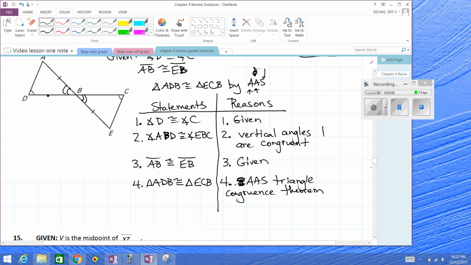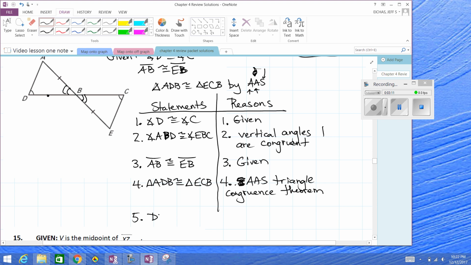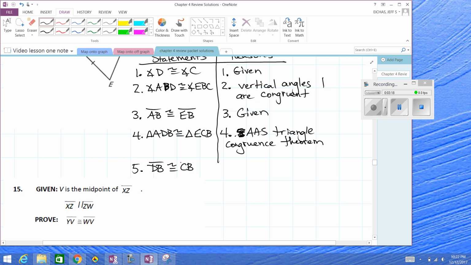All right, and now we can say what we wanted to, which is DB congruent to CB. And that is by corresponding parts of congruent triangles are congruent.